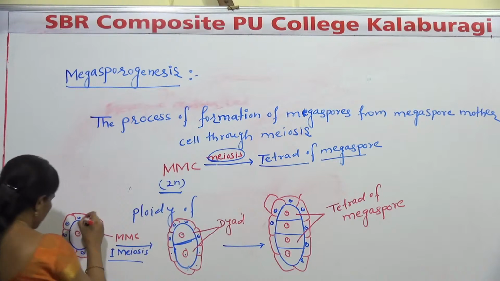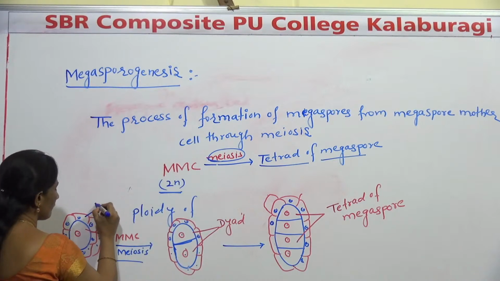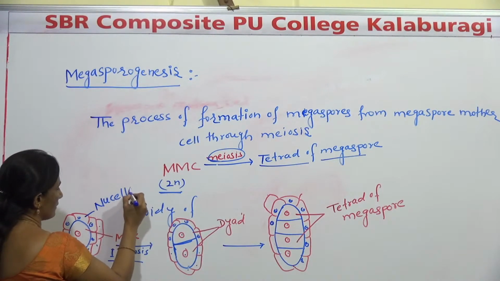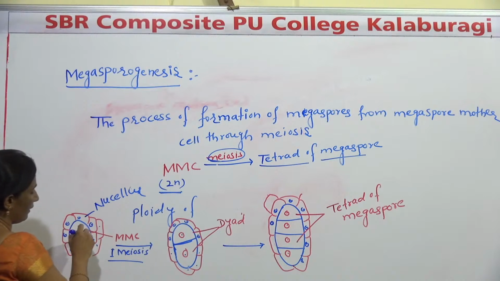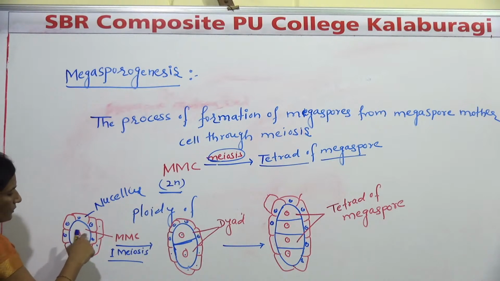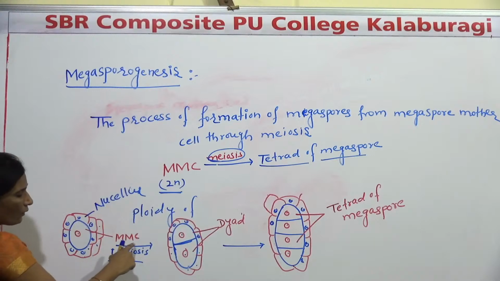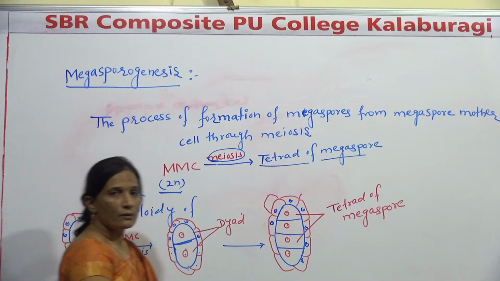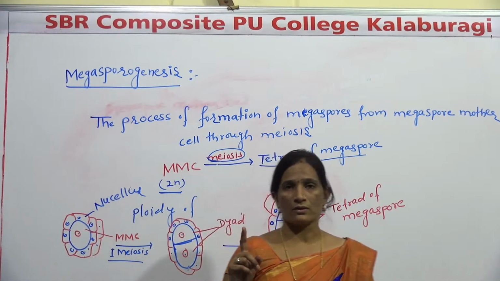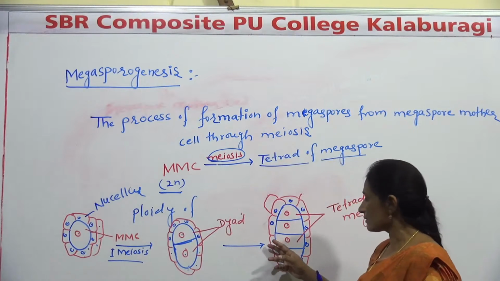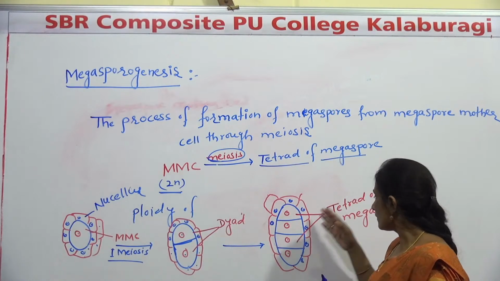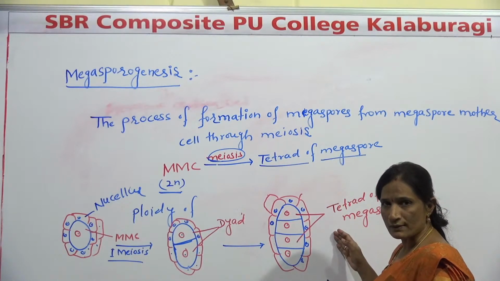This is the nucellus, and this is one of the cells of the nucellus which functions as the megaspore mother cell. It undergoes meiosis 1 to form 2 daughter cells, and in meiosis 2 there is formation of a tetrad of megaspores.